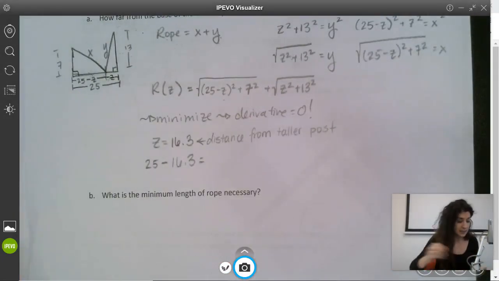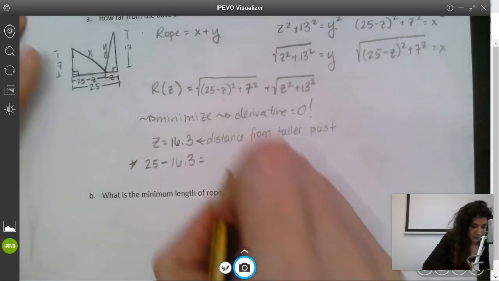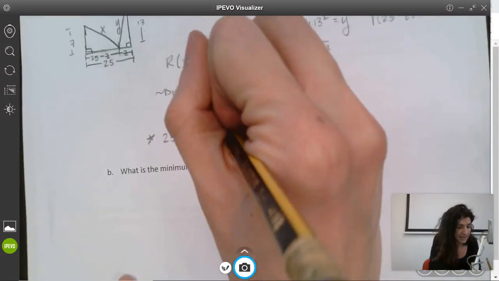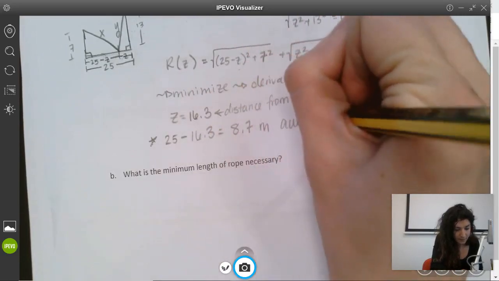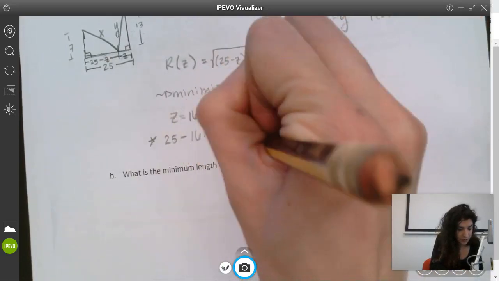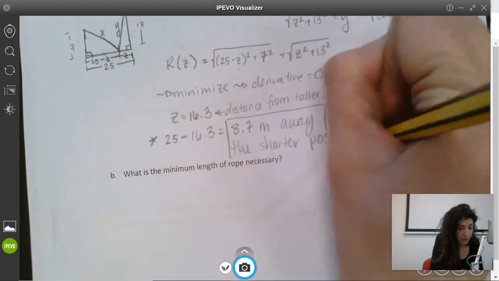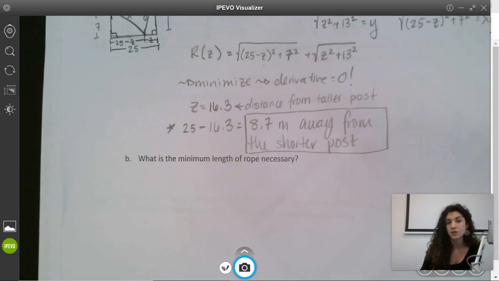Well, 25 minus 16.3 is what? It is 8.7. And that is the distance from the shorter post that would optimize, in other words, minimize the length of rope that I am using in this situation.